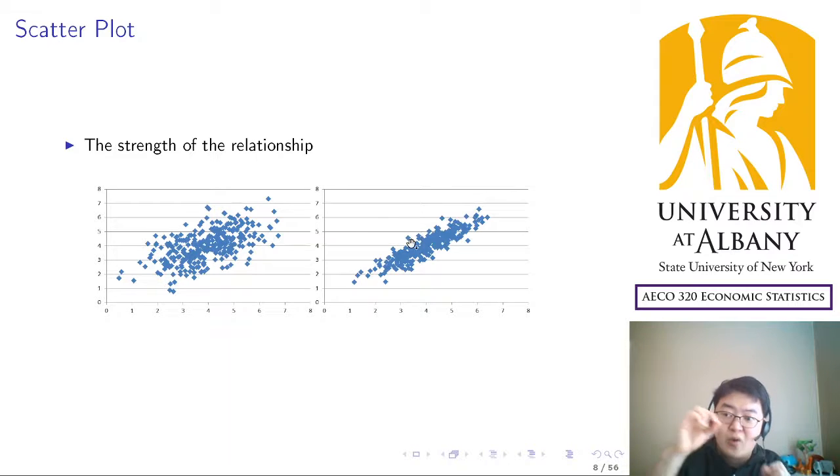But as the observations deviate from the trend line, you are going to see something like this, a more noisy trend. The trend is basically the same, but on the left there is more error or more noise, more deviations, and the relationship is weaker. So that's the difference.